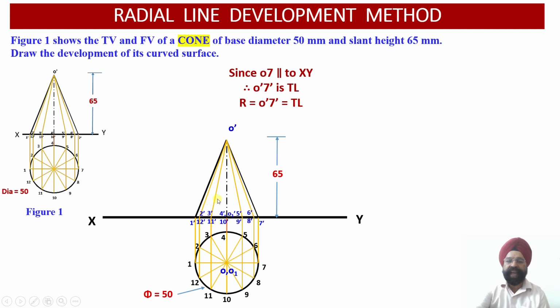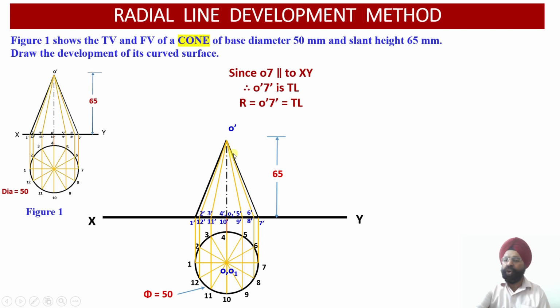So you see whatever light lines we have drawn over here, all the interior 5 slant generators represent the apparent length of the front view generator over there. So in the case of a cone, there is a better flexibility that there will be two outermost generators corresponding to O-1 and O-7, which are going to present us with the true length of the slant generator over here.